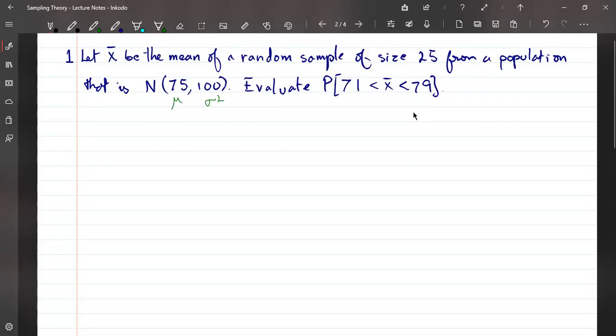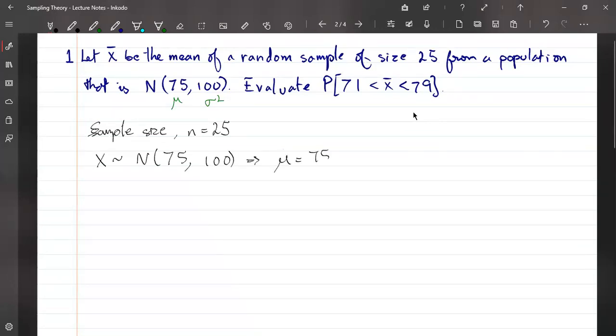Okay, so firstly, we are given the sample size is n equals 25. Then the population follows N(75, 100), so that the population mean is 75 and the population variance is 100, that is 10 square.